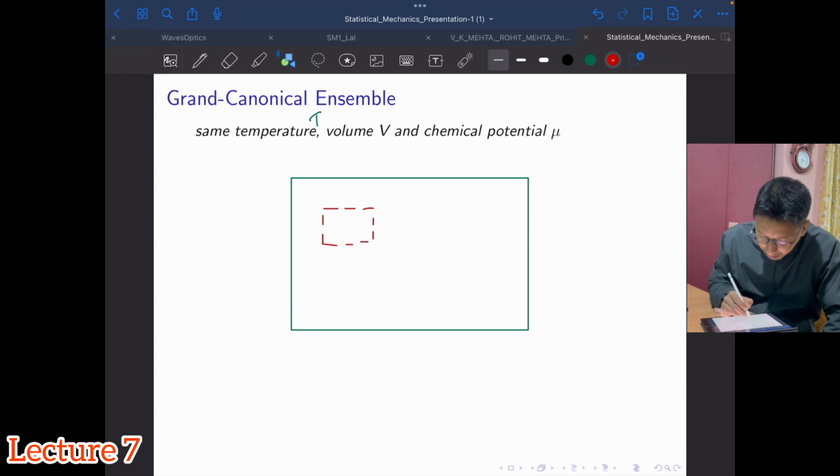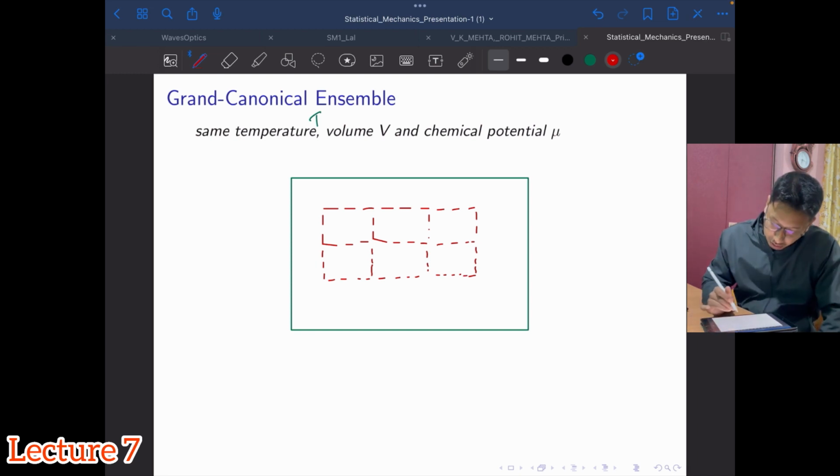Think about this one system, and the other is connected to it. Why am I drawing dashed lines? Because I am trying to represent that the walls are permeable, so the systems can exchange particles.